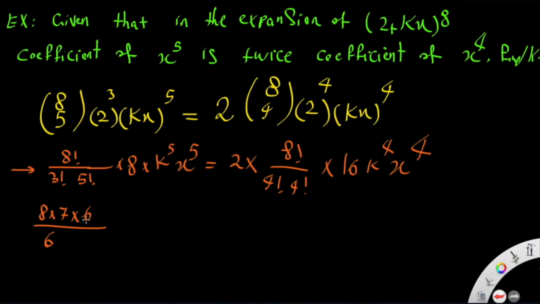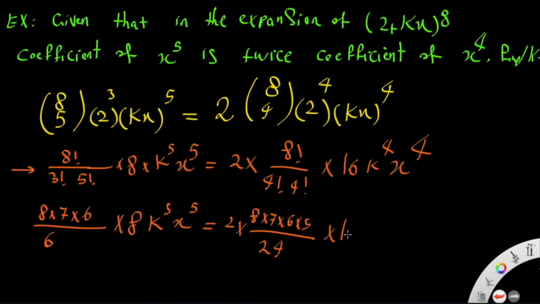The 5 factorial cancels out, so 6 times 8 times k to the power of 5, x to the power of 5 is equal to 8 factorial over 4 factorial, which will be 8, 7, 6, 5 over 4 factorial, which is 24, times 2 times 16, k to the power of 4, x to the power of 4.